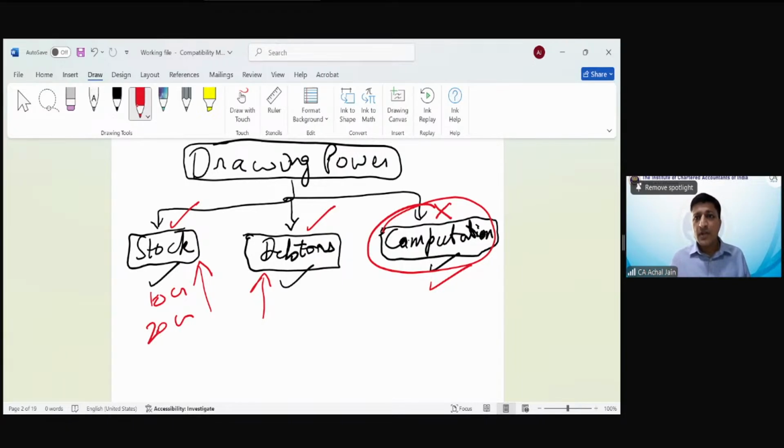Understood? So the stock statements which are produced, the debtor details which are produced, that is what the auditor needs to verify. And how will the auditor verify that? On the basis of the information and wherever required on the basis of the supporting documents.